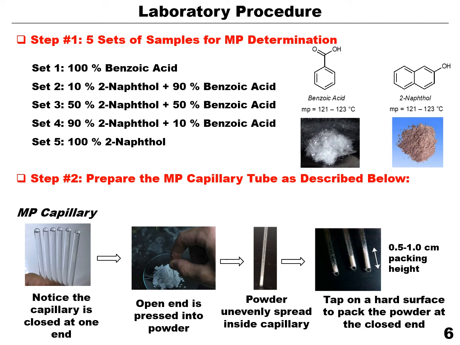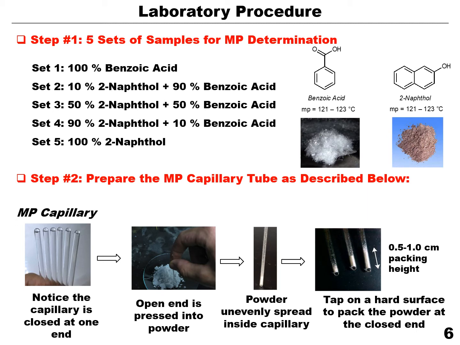So during preparation of these samples, it all starts from making the instruments ready. The only instruments we need for this experiment are a capillary tube and the digital melting point apparatus. Our sample holder for this melting point experiment is a capillary.